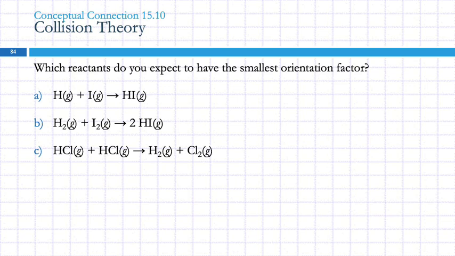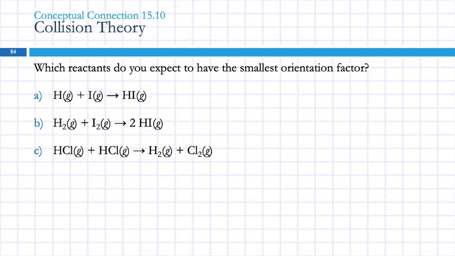Okay, this is the kind of question that could show up on an exam. Which reactants do you expect to have the smallest orientation factor? So what is the orientation factor? Is it big if we have to be very particular, or is it big if it doesn't matter? Big if it doesn't matter.